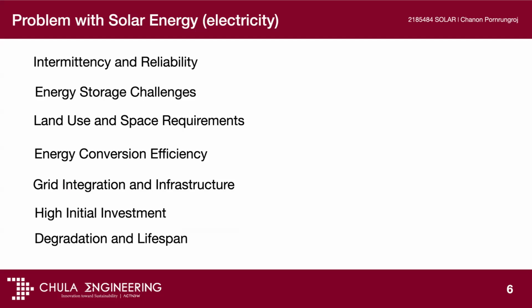So many researchers are now trying to develop from the ground up to make sure that the solar panel is easily recyclable. So that's what I could think of in terms of limitations.